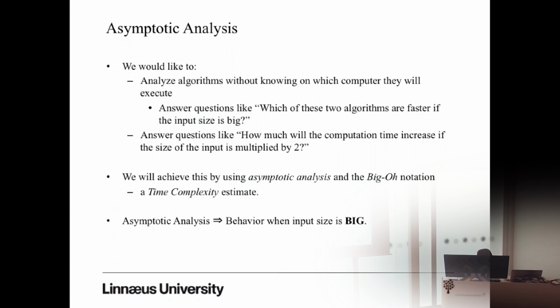So in asymptotic analysis, we don't bother about the smallest or lowest terms. Instead, we consider only the largest values, the values approaching infinity. So asymptotic analysis is where we analyze the behavior of an algorithm when the input size grows, either in terms of size or in terms of complexity.